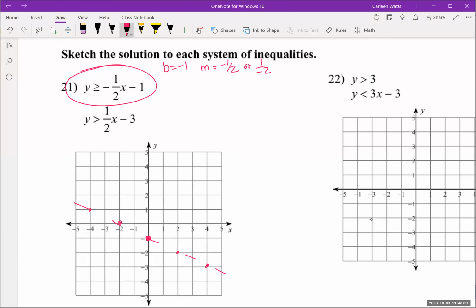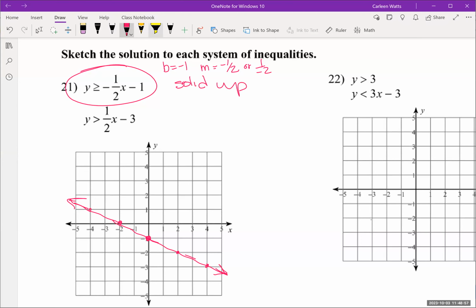Okay, and the red one, solid or dashed for the red? First one is solid. Shade up or shade down? Up.